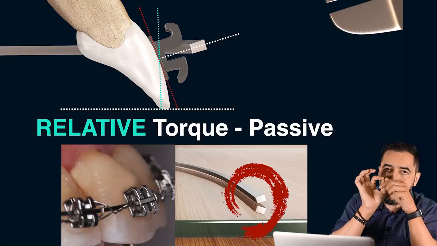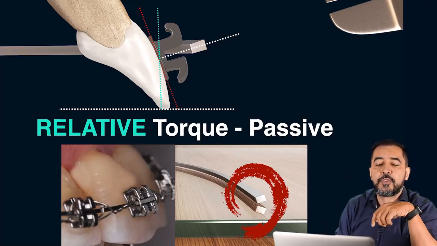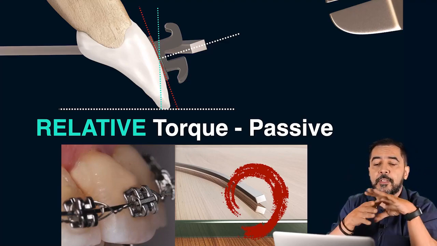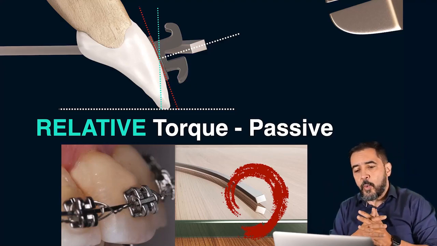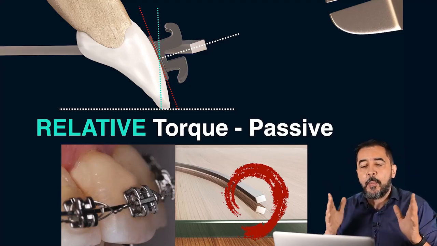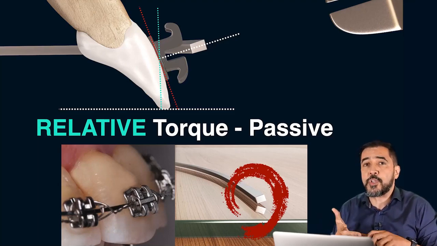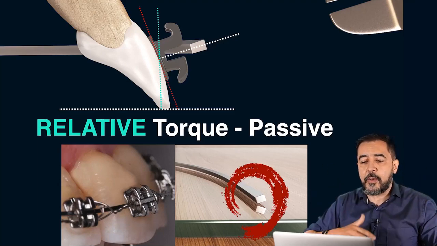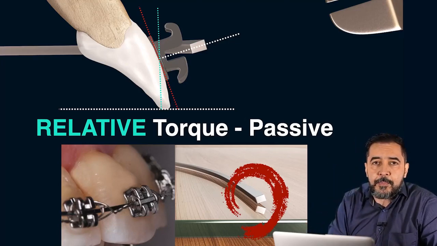The bone was very thin, and the root was very close to the thick cortical buccal plate. So what was going to happen in this case? Probably fenestration of the buccal plate and root resorption. Thank God he didn't manage to do that, because it would have been a very bad mistake.